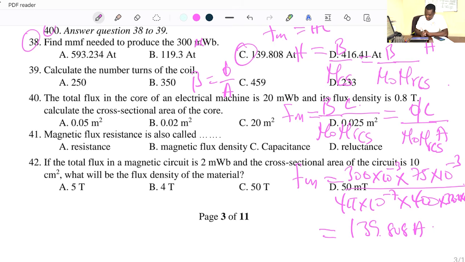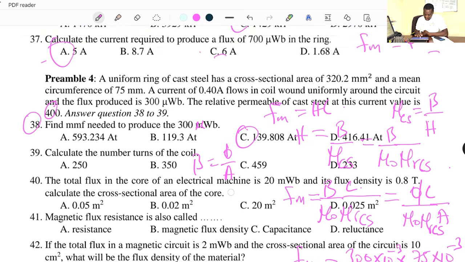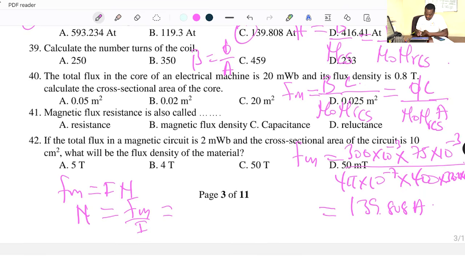Now, with this, we can calculate the number of turns, right? Because we know that Fm is equal to current times the number of turns. So the number of turns will be equal to Fm over current. And the current is given in the equation as 0.4. So we have 139.8 divided by 0.4, and what do we get?